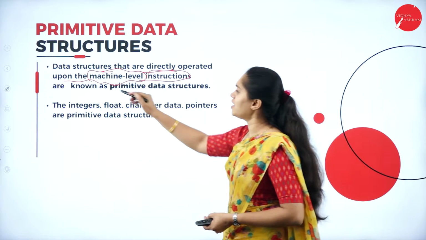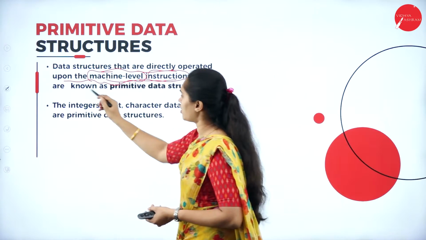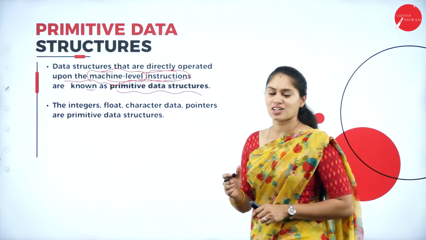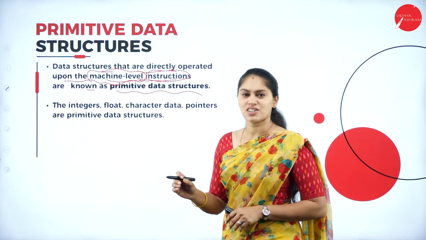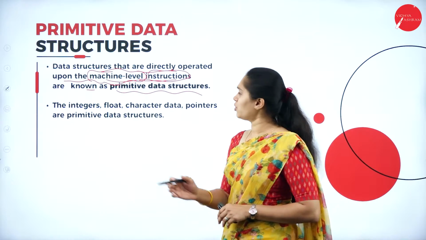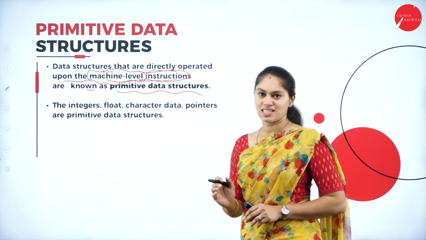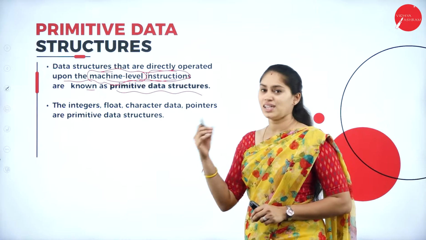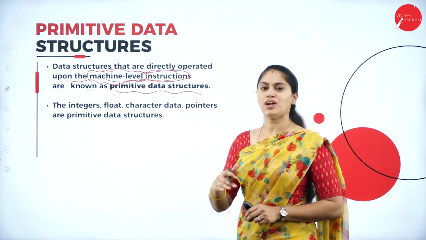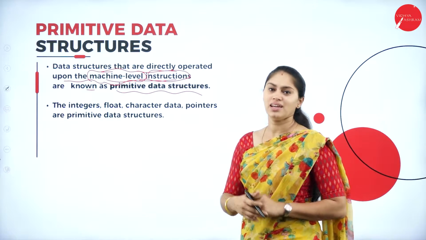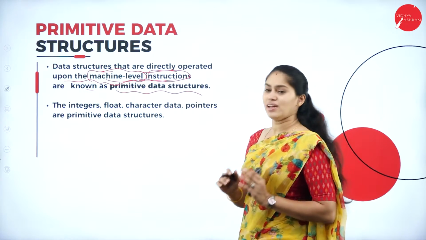That is what machine level instructions are, known as primitive data structure. What do you mean by primitive data structure? It is a type of data structure where the data is directly operated upon by machine level instructions. So here human intervention is not required. By default, the machine will take all the data and information, and that will be used as a machine level instruction.